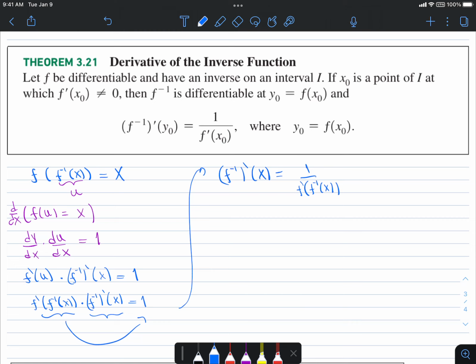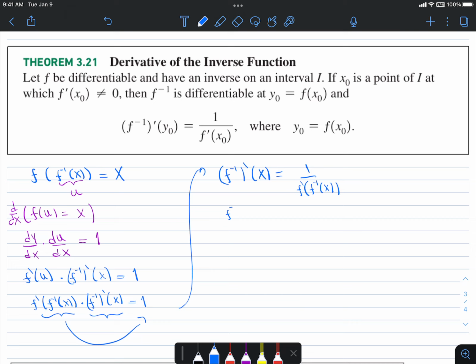Now if you want to go point by point, this theorem also has things better written for us. They're using the variable for the original function as x, so they want that to be a y instead.